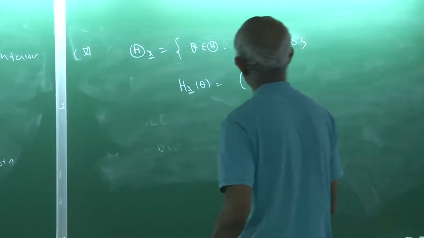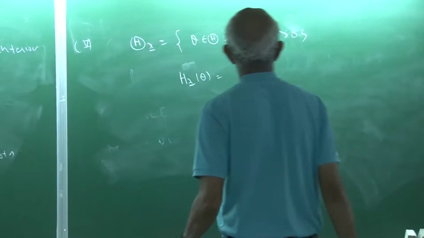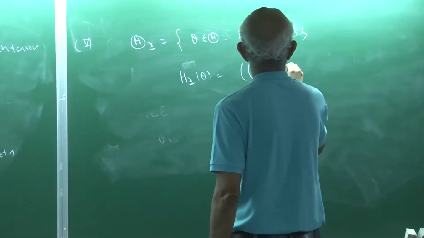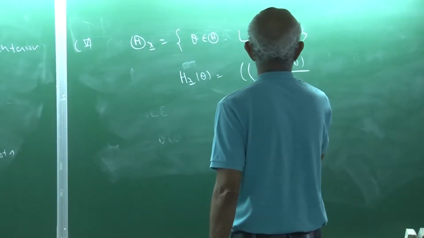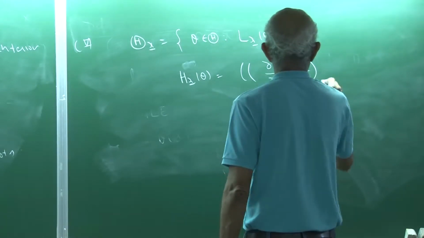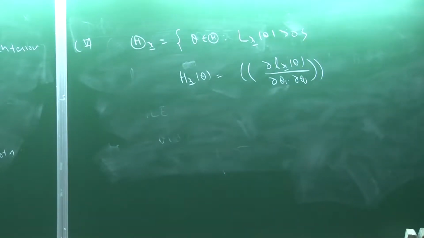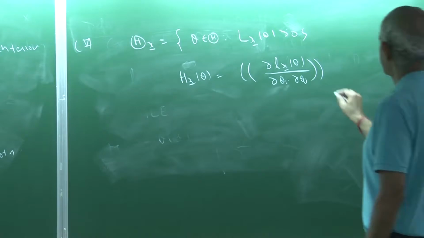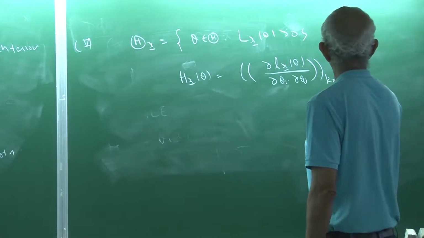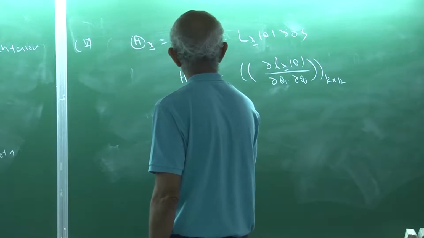First let me define Hx(theta) as the Hessian matrix, whose ij-th element is del Lx(theta) by del theta i del theta j. So of course, this would be a k cross k matrix. And let us look at Hxl(theta).